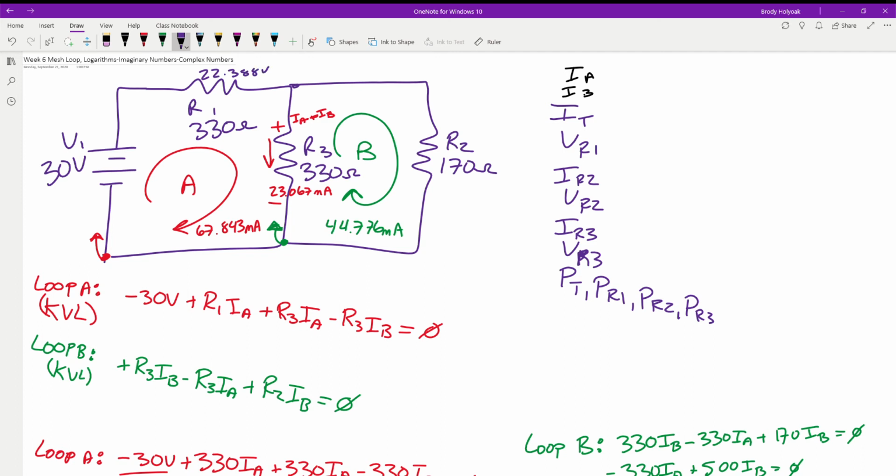Okay, if we have 22.388 volts, how much voltage do we have across R3 and R2?